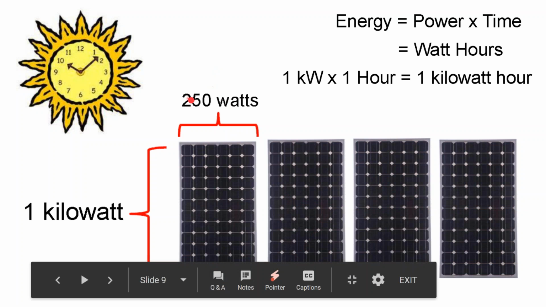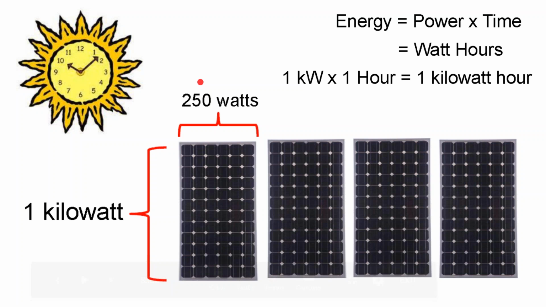What's being installed today is closer to, on the low end, 290 to 300 watts, which is what I typically install in Mississippi. On the high end, for your high efficiency panels that are the same size, just more dense, they can go all the way up to 350 watts, but they're also much more expensive.